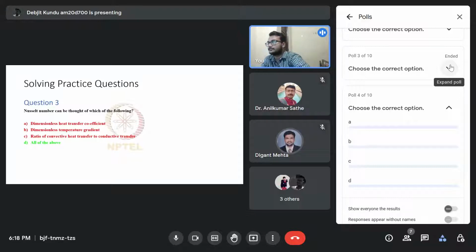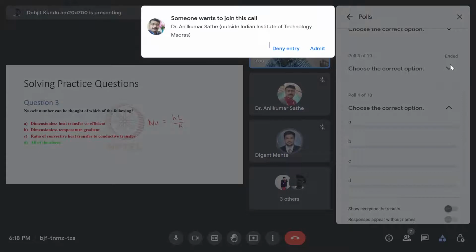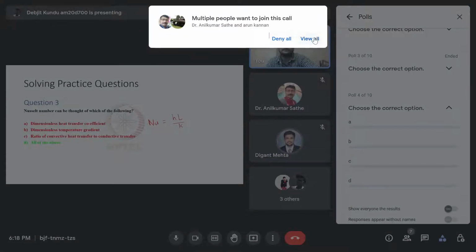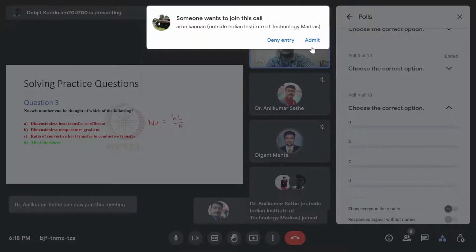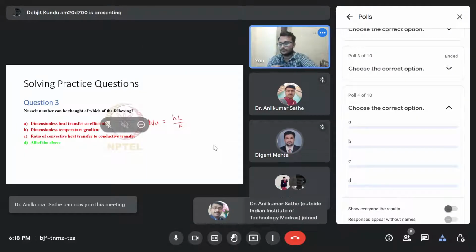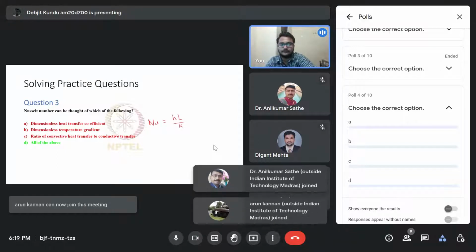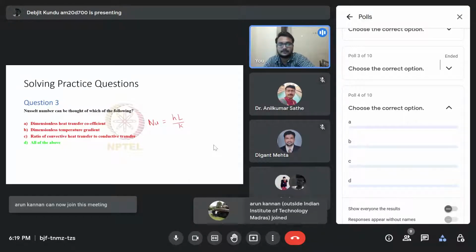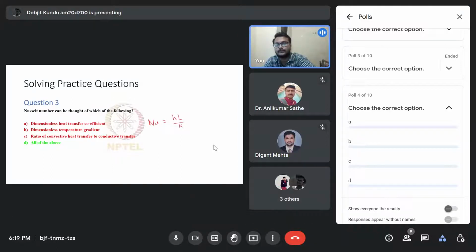That is true. Why? Because if we look at the definition of Nusselt number mathematically, that is HL by K, where H is the dimensional convective heat transfer coefficient, K is the conductivity, and L is the length scale of whatever problem that we are considering.